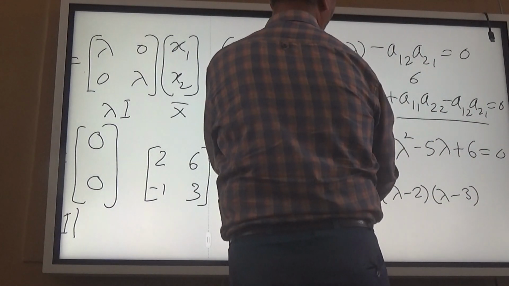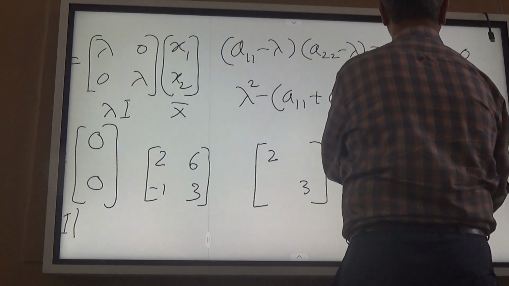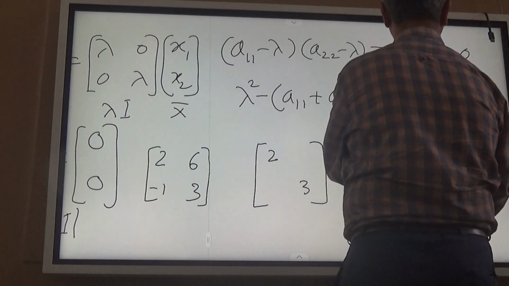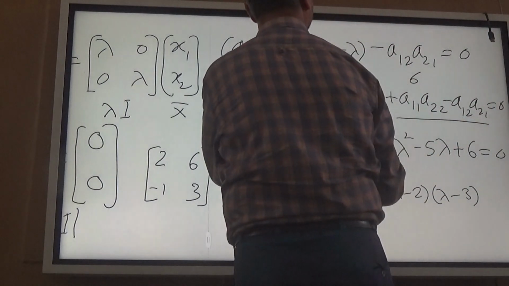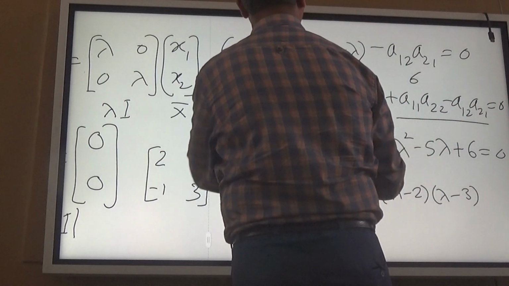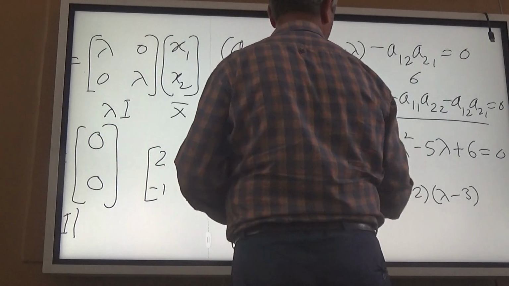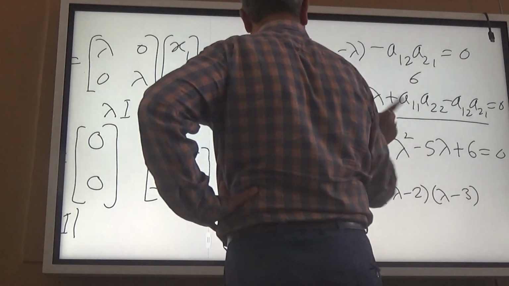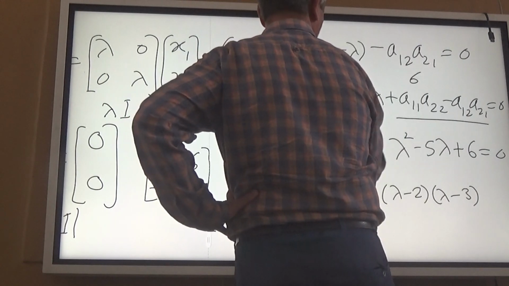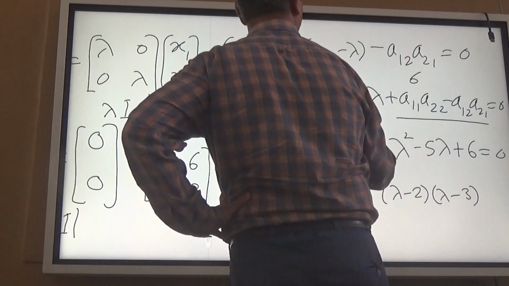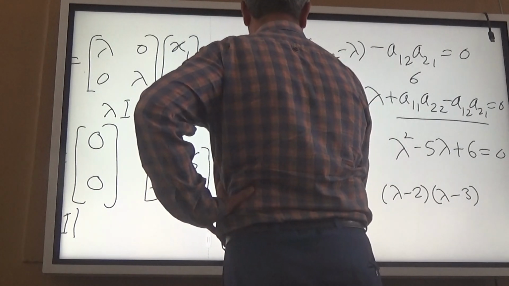So again it becomes very simple. We took the values 2 and 3, and we want A11 plus A22 to be equal to 5, so we should take 1 and 4.